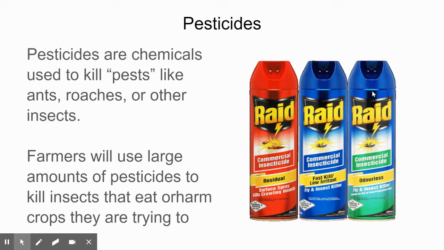Now, farmers on a much larger scale use pesticides on their crops in order to kill insects. On a much larger commercial scale, they use a large amount because they're trying to make sure that they kill insects that might be nibbling on their crops.